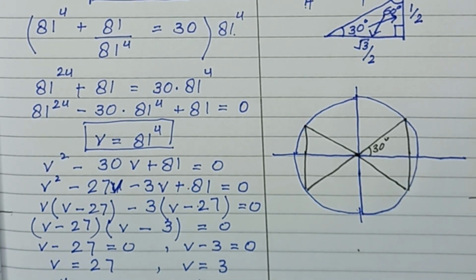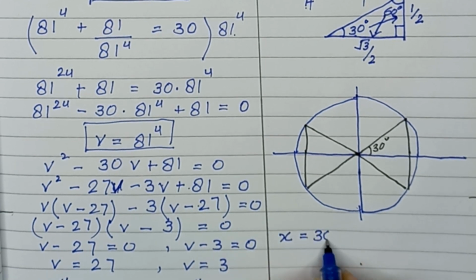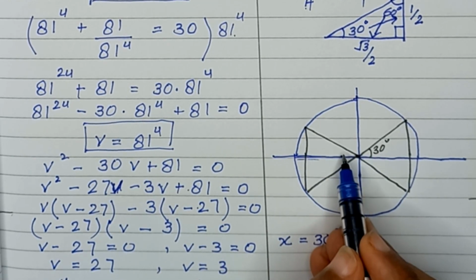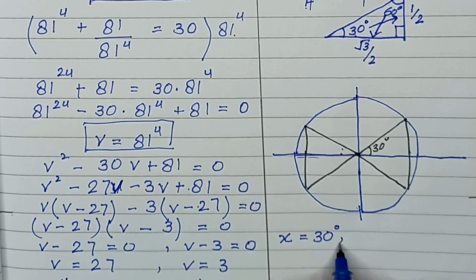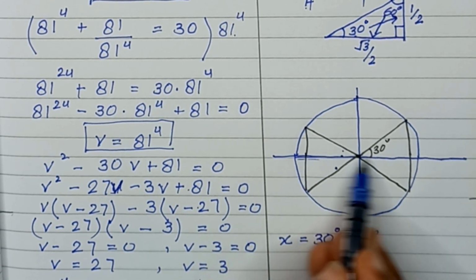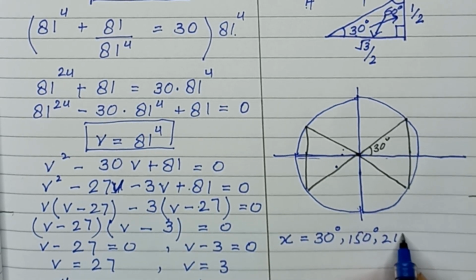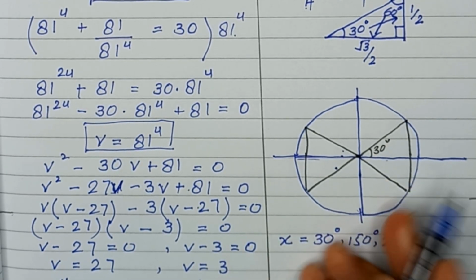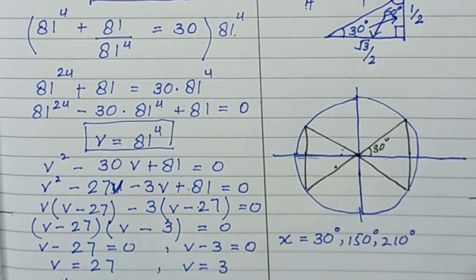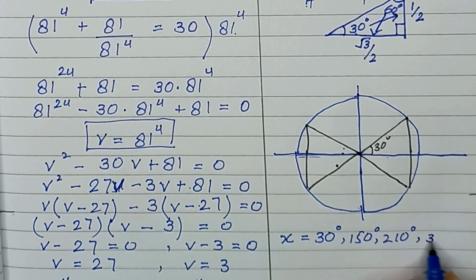Here we have the values of x, which is equal to 30 degrees, and it will be equal to 180 degrees minus 30 degrees, which is equal to 150 degrees, and it will be equal to 180 degrees plus 30 degrees, so it will become 210 degrees, and this will become 360 degrees minus 30 degrees, so it will be equal to 330 degrees.